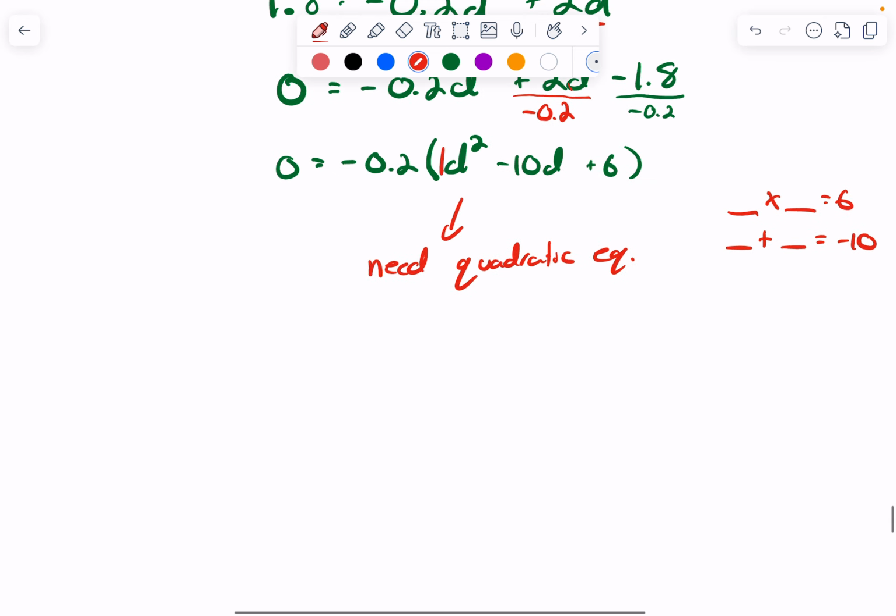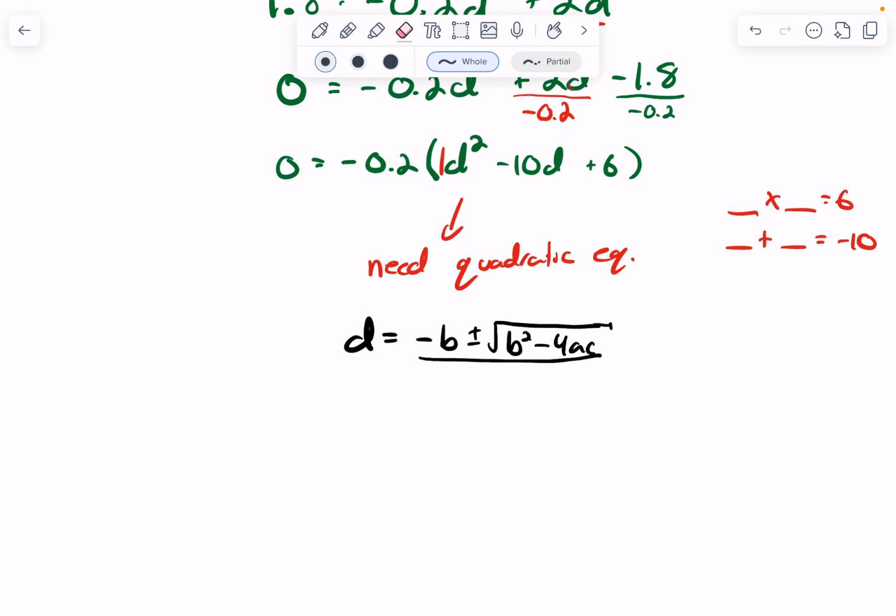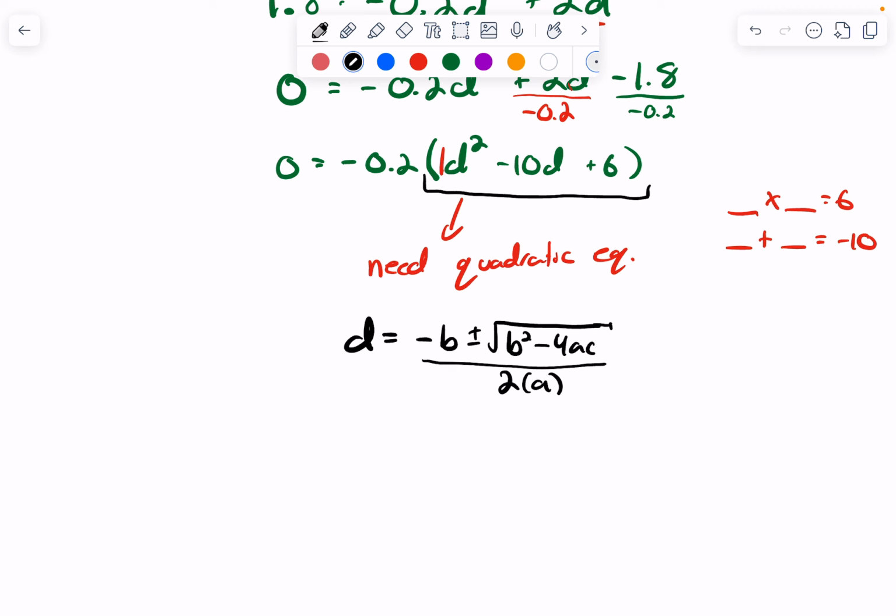So let's use the quadratic equation. The quadratic equation is x equals, well, in this case we're not dealing with x's, we're dealing with d's. So d equals negative b plus or minus the square root of b squared minus 4ac, all over 2 times a. And you can take it from this step right here. We'll use those nice clean numbers.